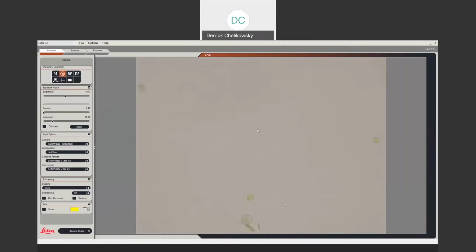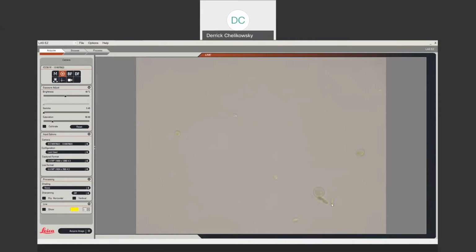Now let's take a look at this one's movement. And you can see how rather quickly they can move. And here's another one right over here. I think one of these we're going to take a look at. That's more like a Euglena.